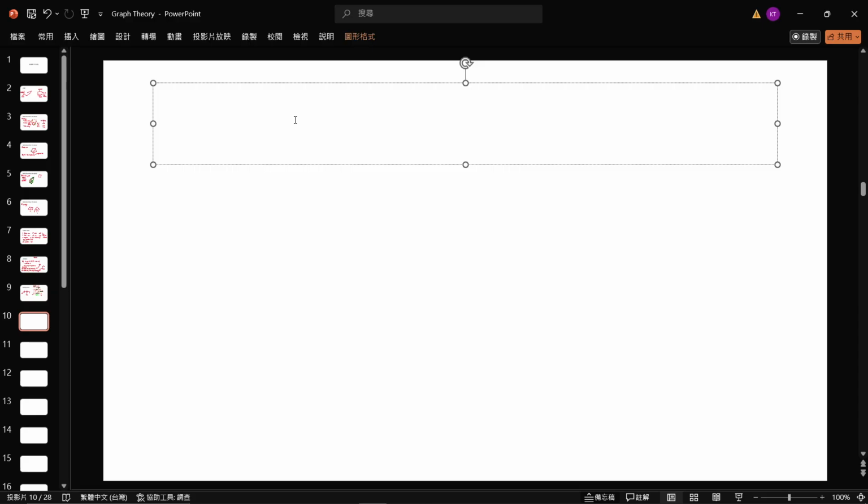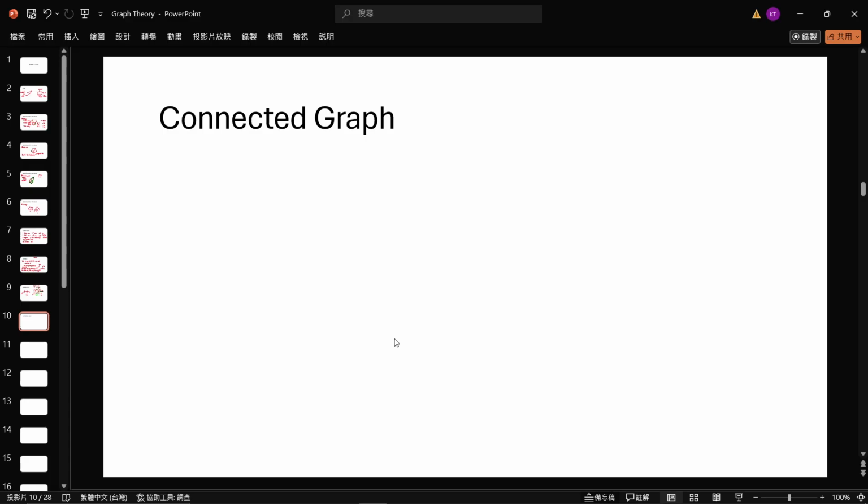So the first property about a graph: what is a connected graph? Say you are writing a computer program and given a graph, you want to test whether it is connected or not. How to tell a graph is connected or not?